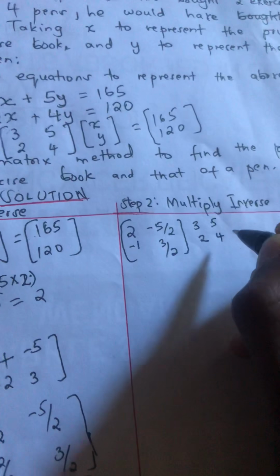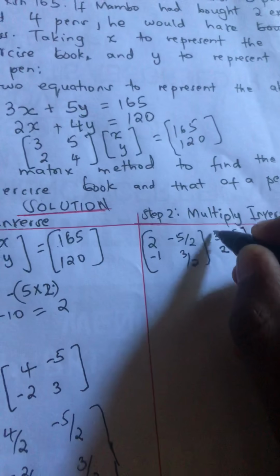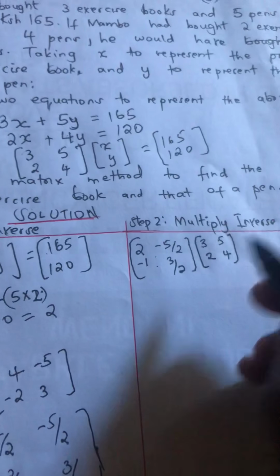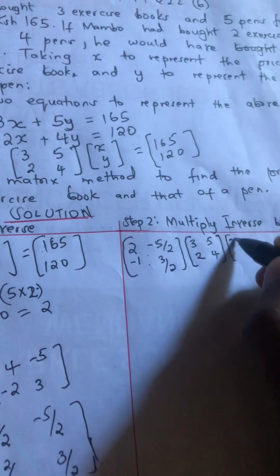What am I trying to say? It will be the inverse times the matrix 3 2 5 4, and then there was xy.